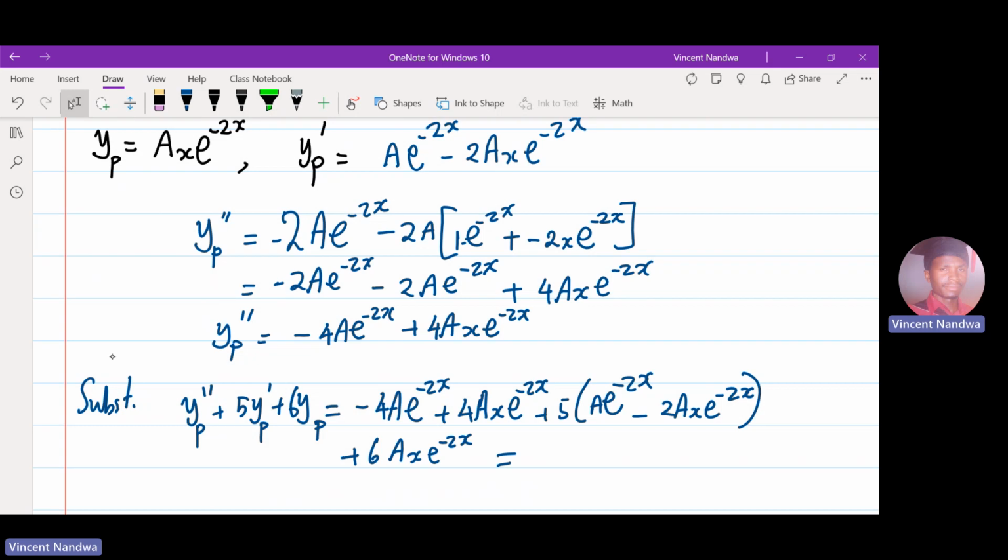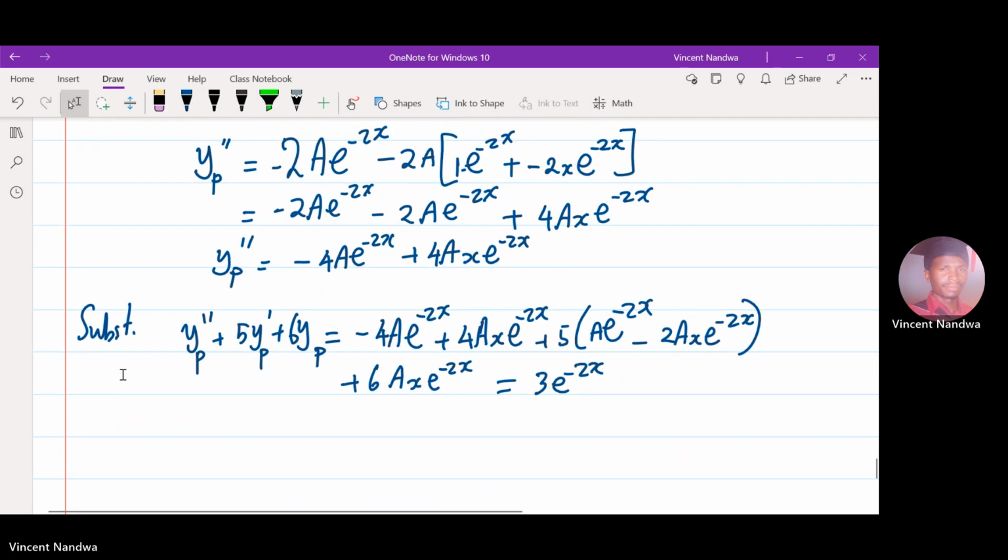So this will give us the final answer on the right hand side, 3 e raised power minus 2x. I trust that you can do the expansion of the brackets on the left hand side and equate like terms. What is the end sum on the left hand side?